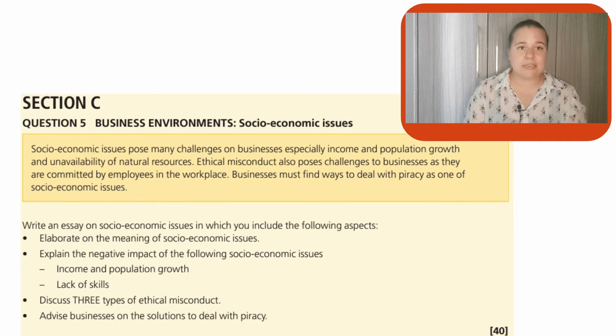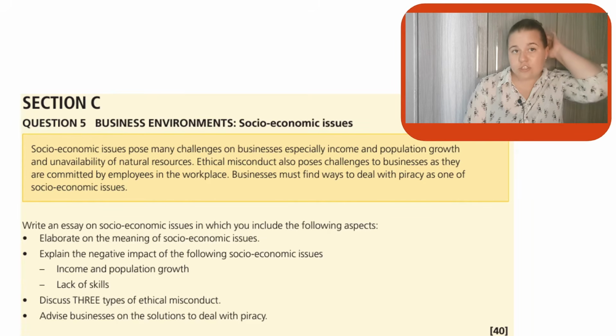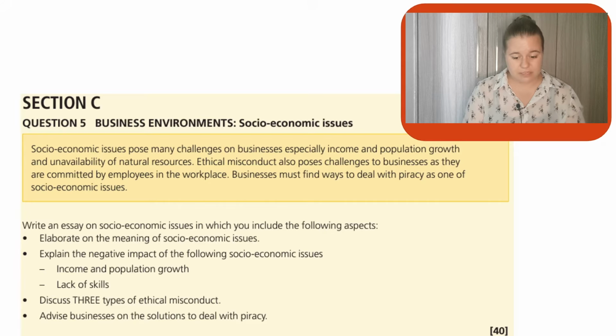Then we have write an essay on the socioeconomic issues and include the following aspects. Elaborate on the meaning of socioeconomic issues. Explain the negative impact of the following: income and population growth and lack of skills. Discuss 3 types of ethical misconduct, and then advise businesses on the solutions to deal with piracy.